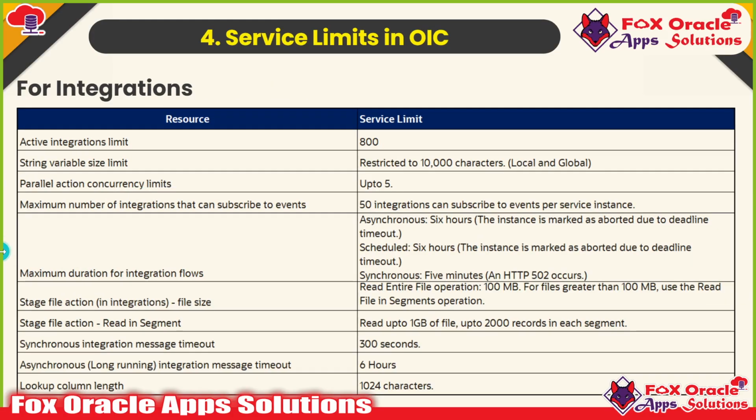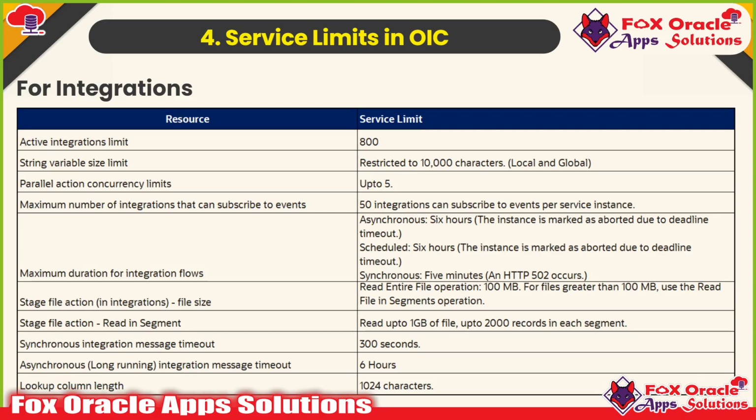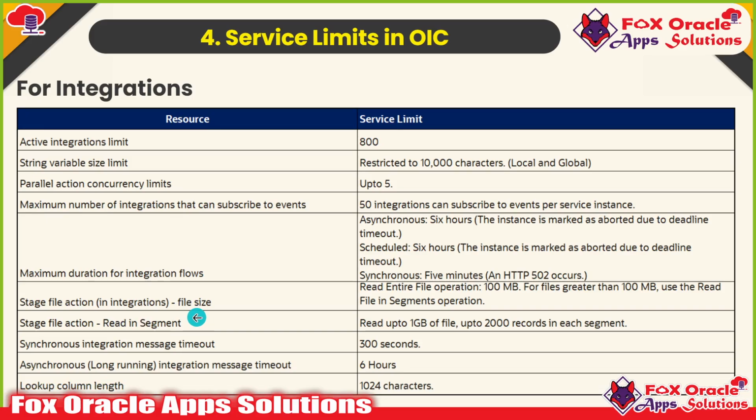Now we have the service limitations of integrations. Even we discussed the same on day one: if we are going to create an OIC instance, and in the instance we are going to create connections, at the same time the active integrations cannot be more than 800.